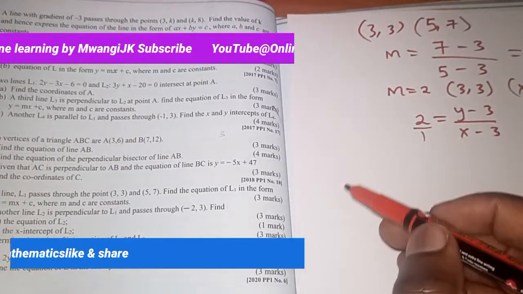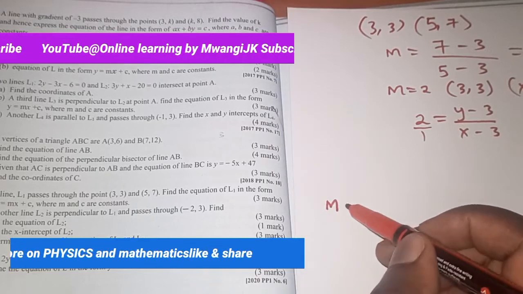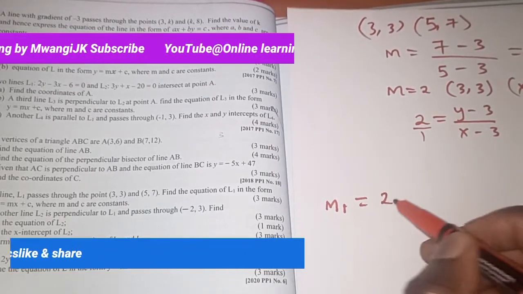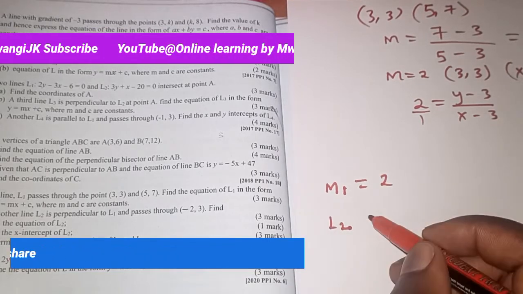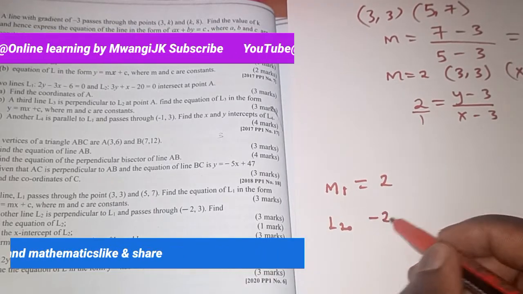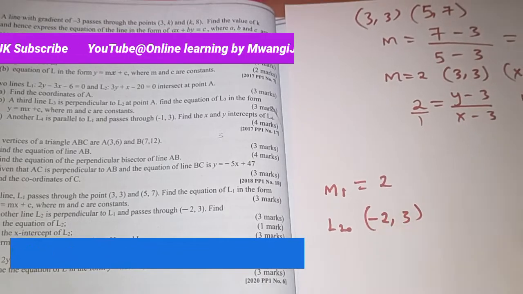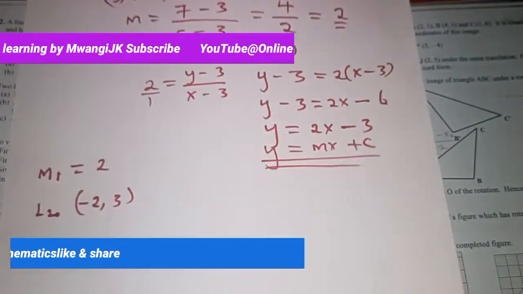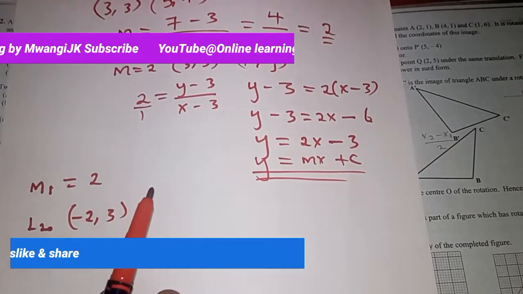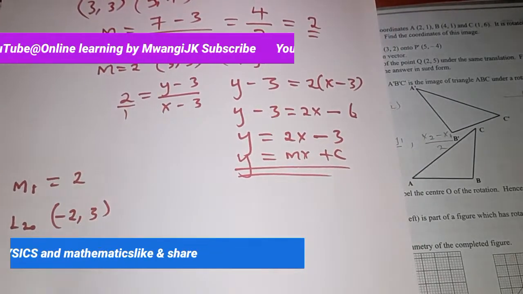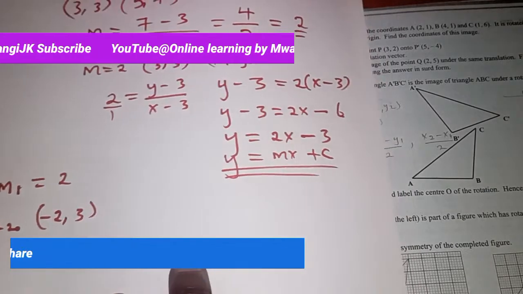We know the gradient of L1 is 2, and line 2 passes through the point (-2, 3). We know the gradient of the other line is related because it is perpendicular.